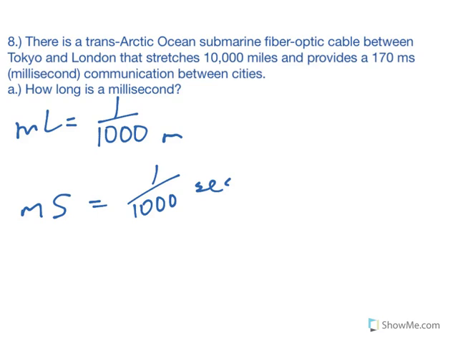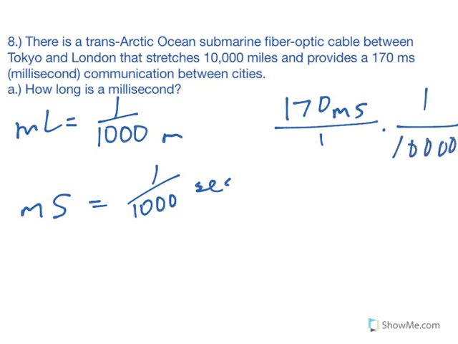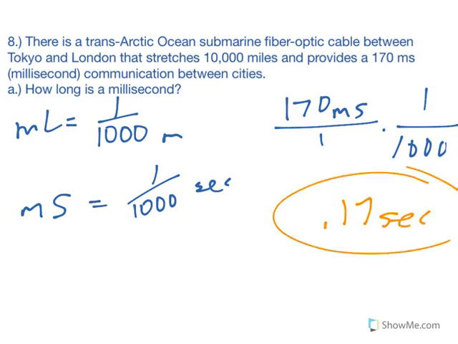So if we want to figure out how many seconds 170 milliseconds is, we would multiply that by 1/1000. Not 10,000, weirdo, just 1,000. So this is the same as 0.17 seconds. 170 milliseconds is 0.17 seconds.